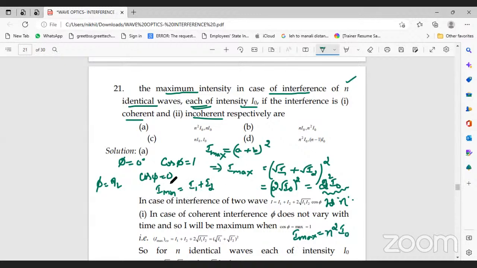You won't get a square, because the root and square will get cancelled out. So it will be I1 plus I2, which is 2 I0. So for incoherent, if it is 2 waves, it is 2 I0. For n waves, it is n I0. So for coherent it is n squared, and for incoherent it is n. So which is the right option? Option E.